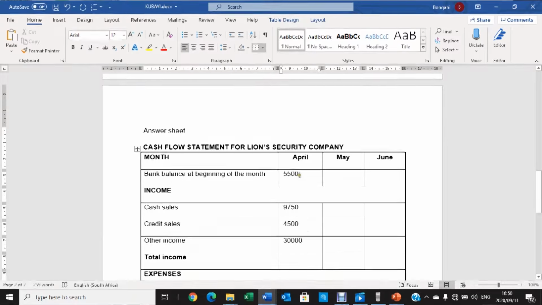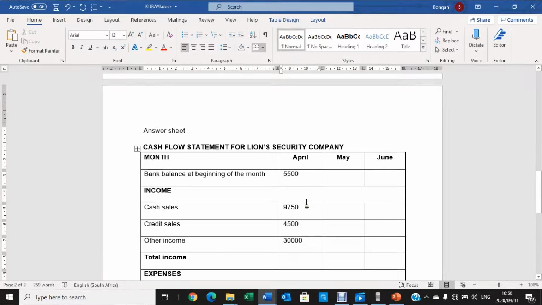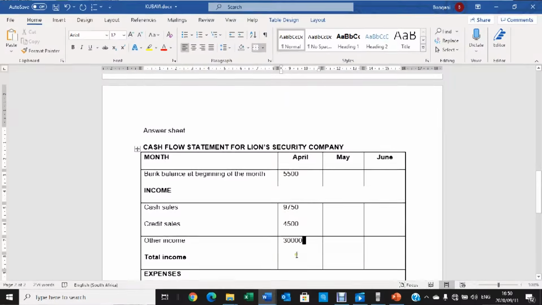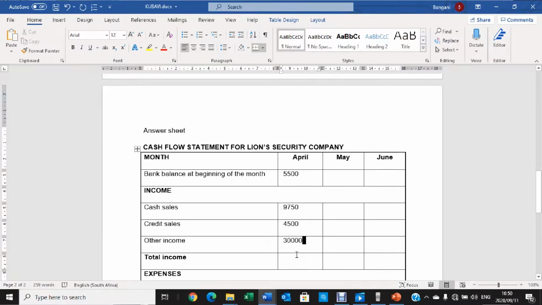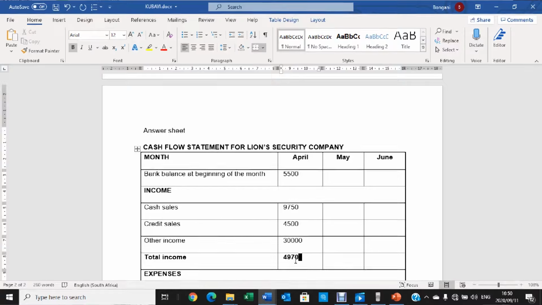Our opening balance plus the cash sales plus the credit sales plus the other income, it is going to give us our total income, which it is how much? It is 49,750. Then we record 49,750.